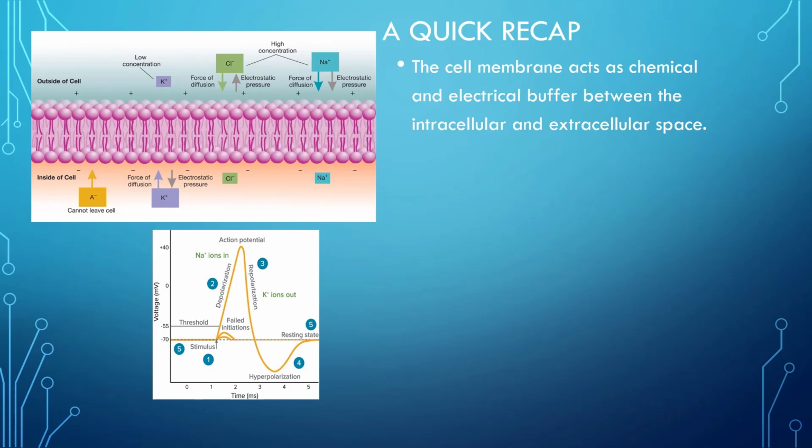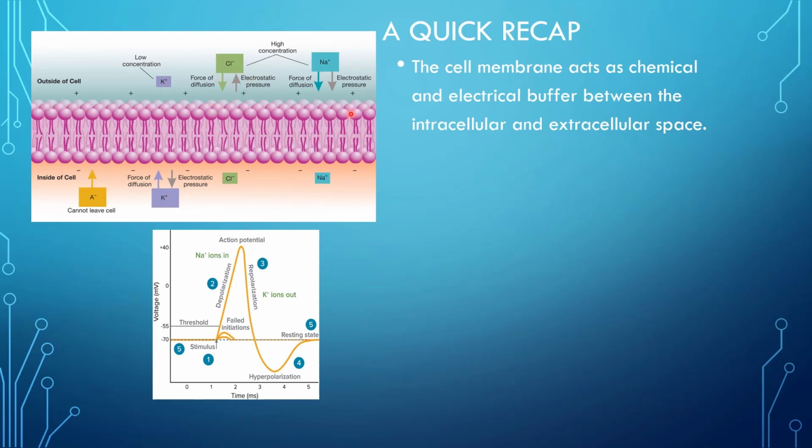We have this cell membrane that acts as a chemical and electrical buffer between the intracellular and extracellular space. This means that it keeps ions from moving, and yet we have all of these different ions that have different forces working on them at all times. And this figure from your book is a particularly good one for showing that, because it shows you not only what the different ions are, but how different forces are working on them.